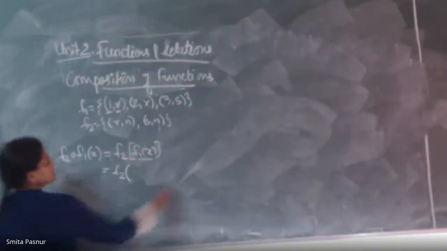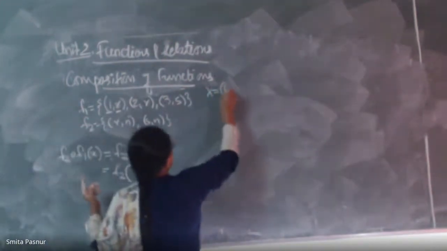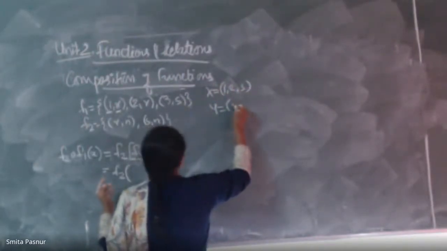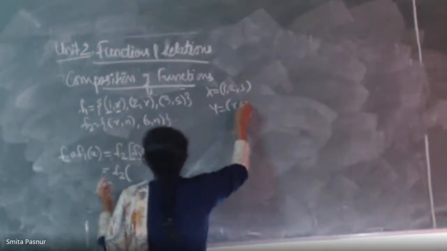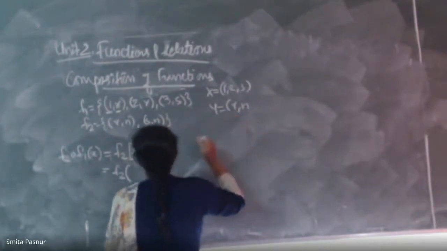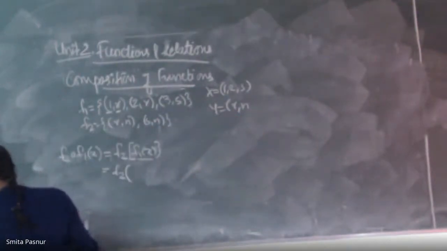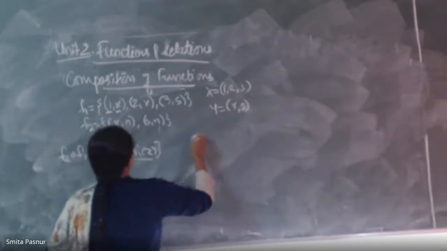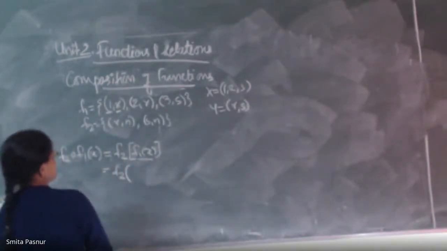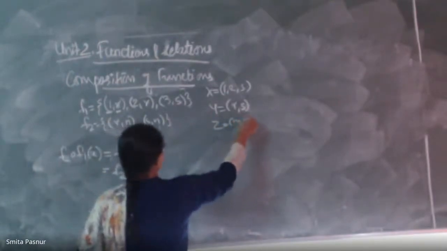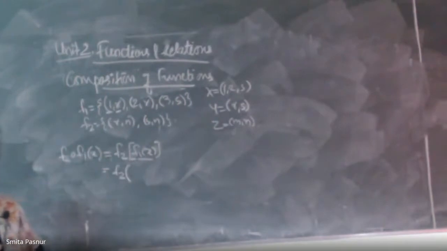Because X contains 1, 2, 3 and Y contains R, N, S, and there is a Z element that contains M1. So these are the sets, X, Y, Z is given, so from that we have taken.